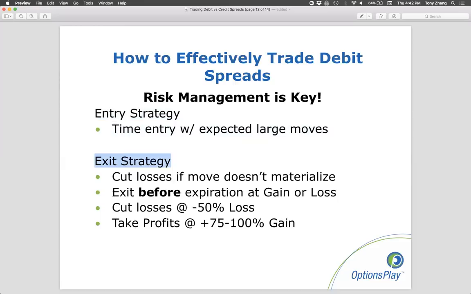The goal is to always exit before expiration, either at a gain or a loss on a debit spread. And the rule of thumb here for exit strategies is to simply cut losses if the move that you're expecting does not materialize. Meaning if you're expecting a breakout and the stock kind of breaks out but then doesn't really follow through, you're not getting the move that you're expecting, cut your losses, move on.